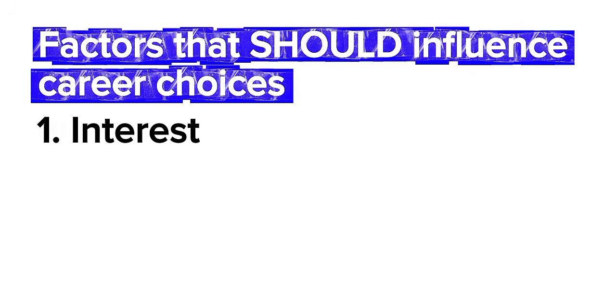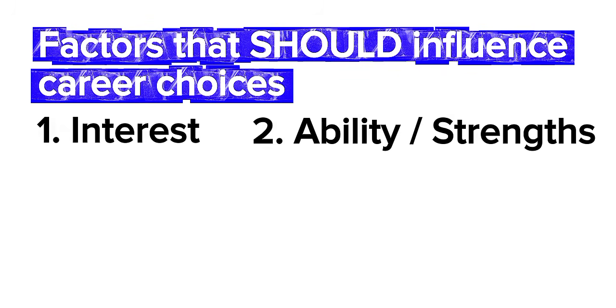1. Interests. Interest, it's what the learner is doing most. Learner anapenda kufanya nini? What the learner likes doing most. Ndio inaitwa interest. So hiyo inafaa iko affect sana ili kuweza kuchagua your career. Number 2, ability or strength. Abilities or strength, these are skills and talents that the learner has.